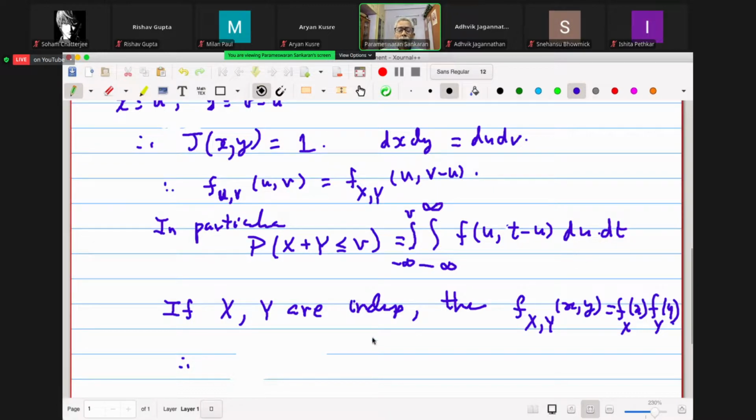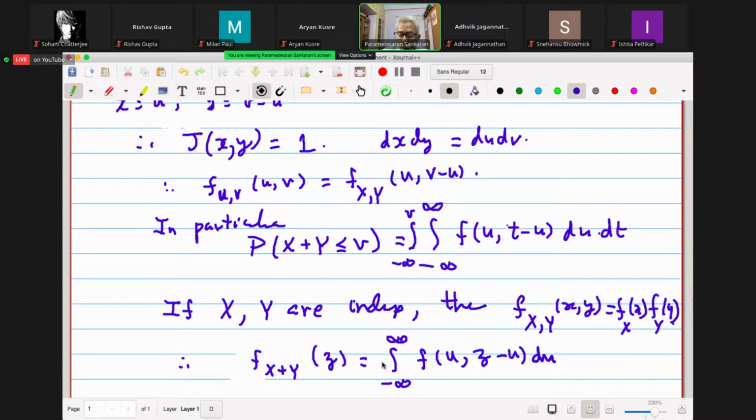So therefore, what I wanted to say was f of x plus y of z. This is equal to the integral, so integrate with respect to u, minus infinity to infinity, f of u comma z minus u du.